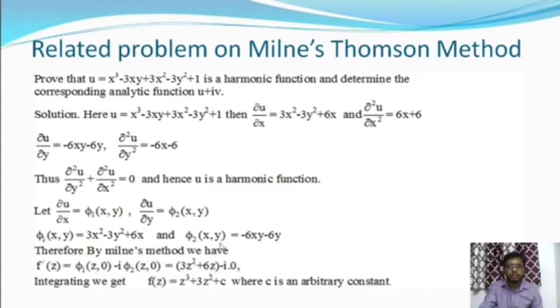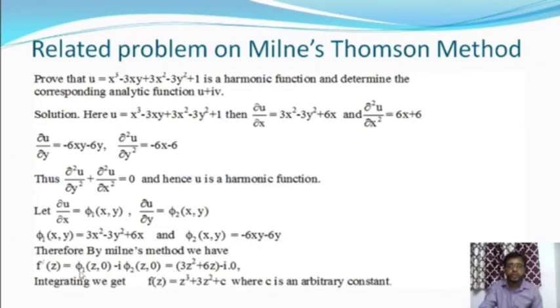And similarly, when we put x equal to z and y equal to 0 in the second expression, we get the value of phi 2 as minus 6 into z into 0, so the first term is 0 as well, and the second term is 0.